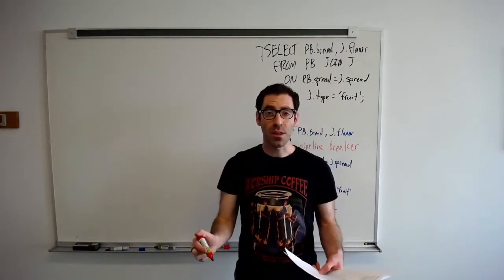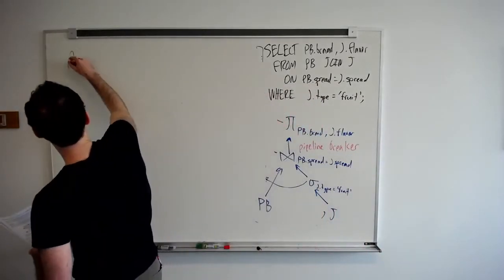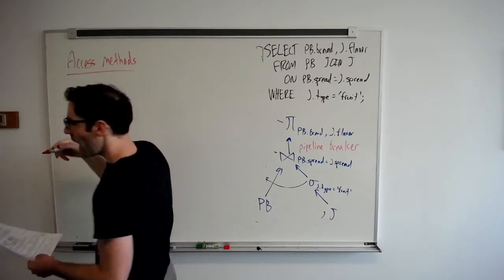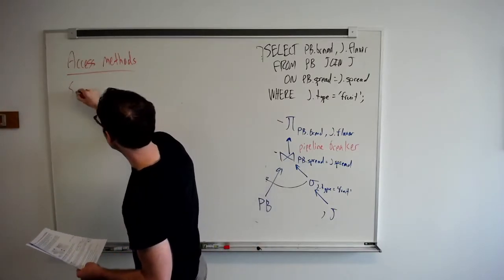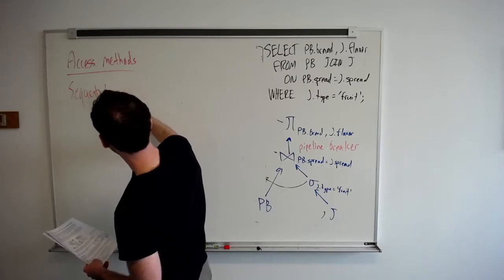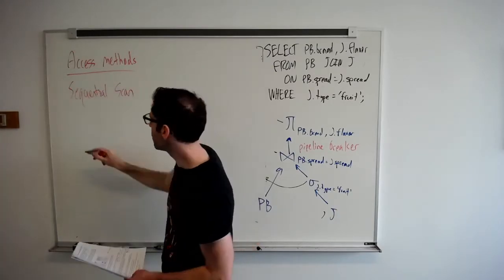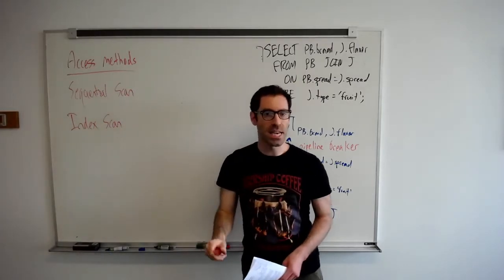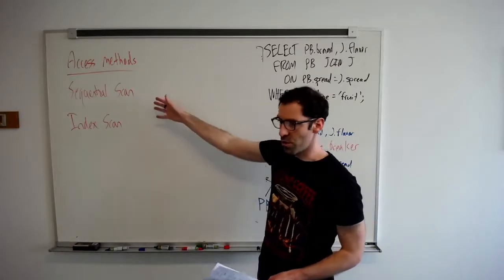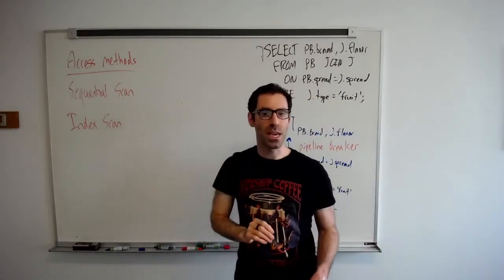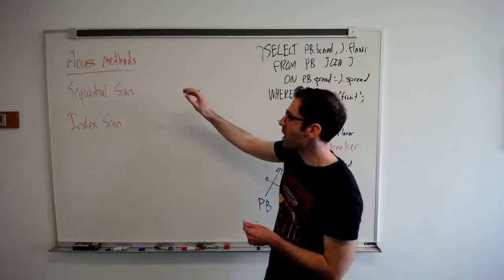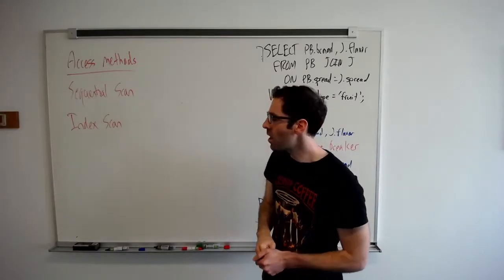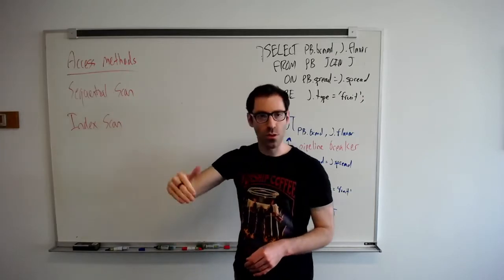So when it comes to access methods, there are going to be two kinds that we'll look at. We have the trusty sequential scan, and then we have an index scan. These are the two places that we might get our data from. We might go to the actual data files, the pages on disk for our database, and scan through the tuples in them.